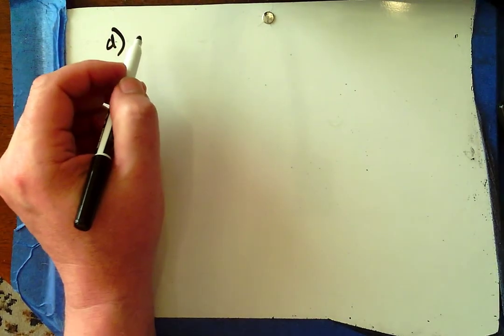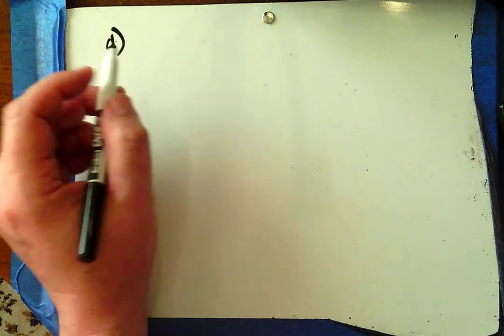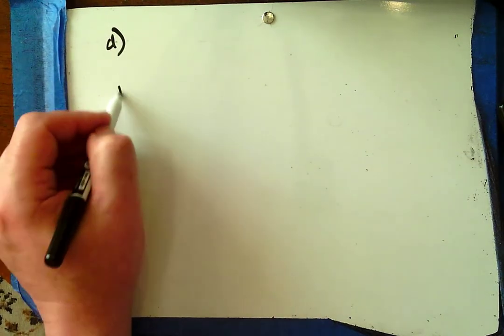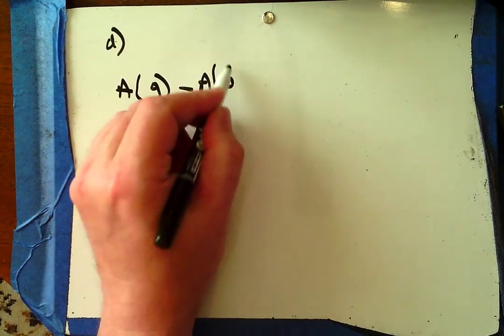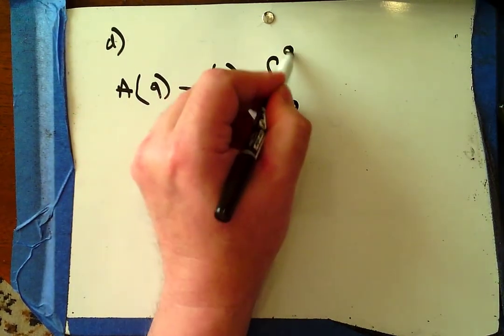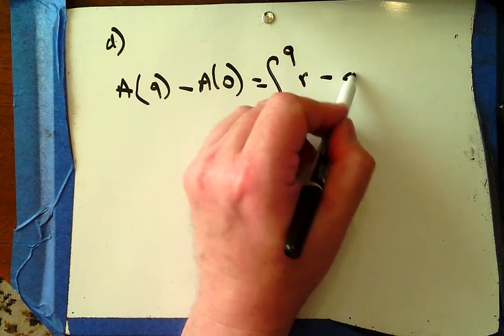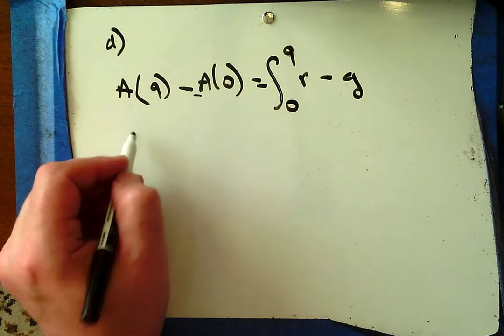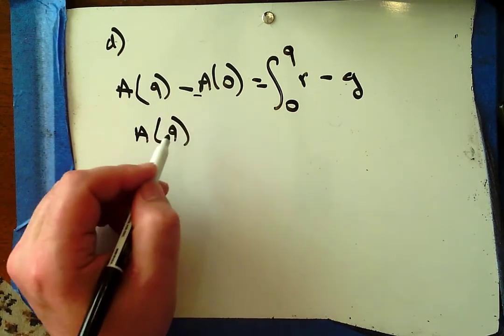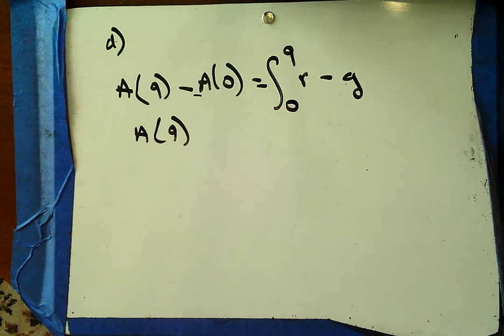Okay, and then finally part D, how many cubic feet of snow are in the driveway at 9 a.m.? And so this is where it's good to go back to our amount function. Amount at 9 minus amount at 0 equals the integral from 0 to 9 of r minus g. We know the amount at 0 is 0, and so really all I'm looking for here is the amount at 9.